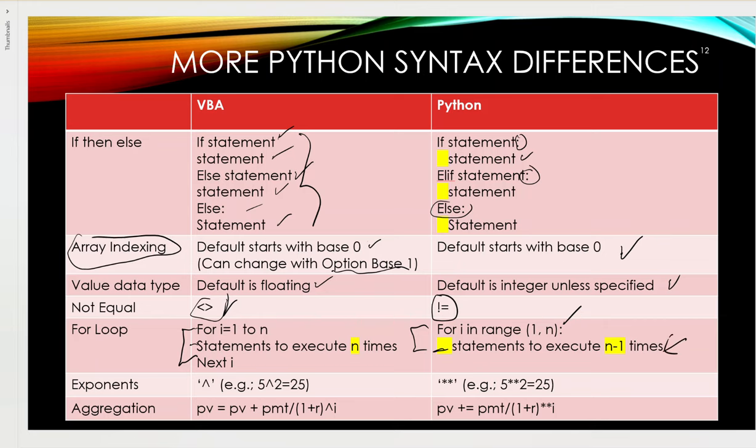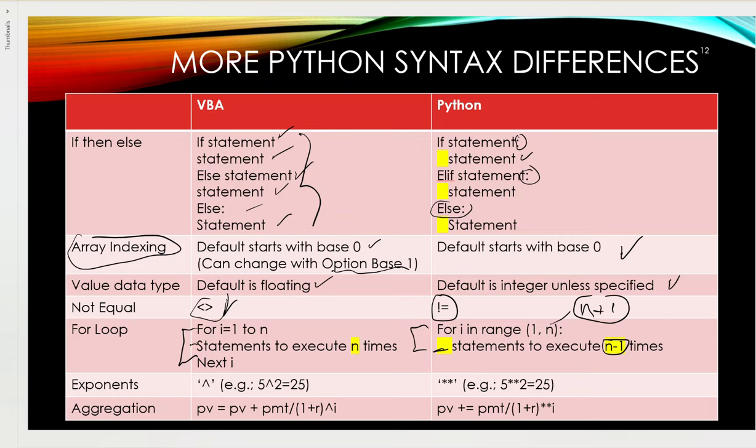However, in Python, if you say for I in range 1 to n, and you set n equal to 5 somewhere in the program, it's only going to run up to 4. It doesn't include the last value. So it runs this code n minus 1 times, which creates a little bit of a problem. You just have to be careful: if you want to execute something 5 times and the user puts in an n of 5, you have to do n plus 1 to actually run it 5 times.